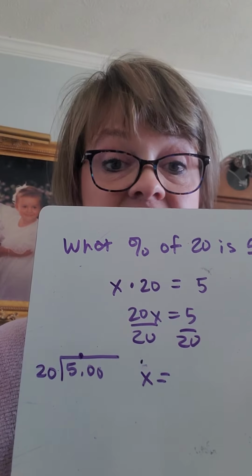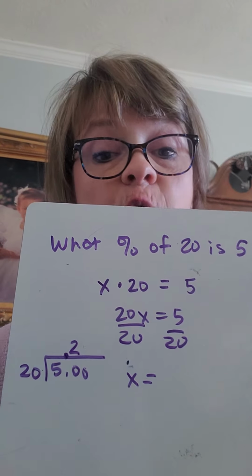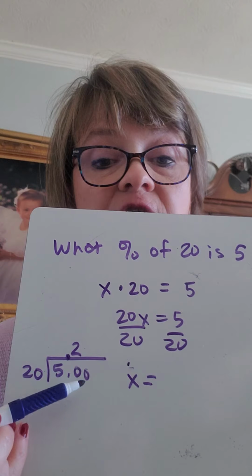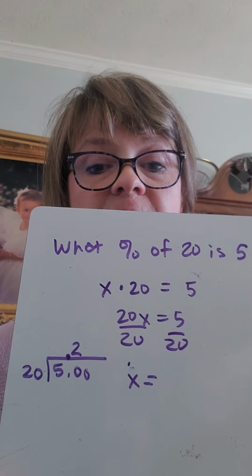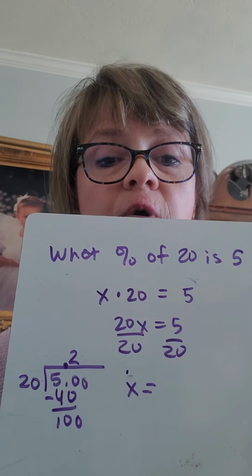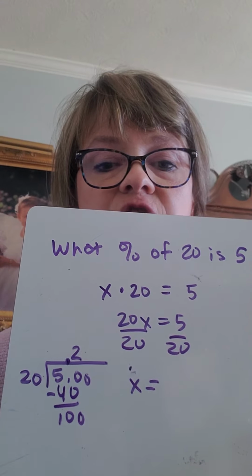So 20 goes into 50 twice, so I'm going to put the 2 over the 0 because it's going into 50, not into the 5. That gives me 40. I'm going to subtract. I get 10. I bring down the 0, and woohoo! 20 goes into 100 five times. So that gives me 0.25.